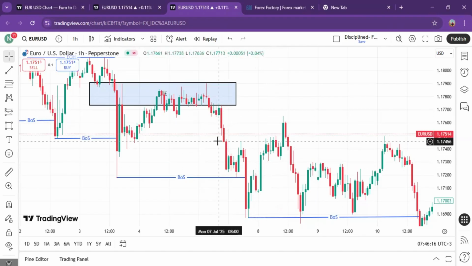Then another way, you can just look for a demand zone or a supply zone in the market. And when doing this, make sure that you have in your mind that you are looking at the market from different angles, from multiple time frames.